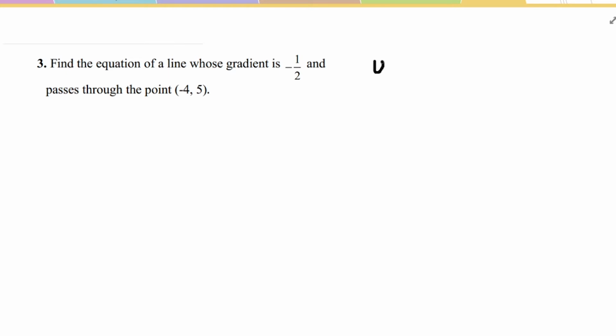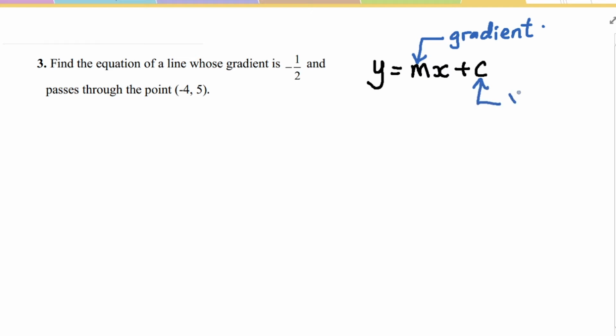The general form of the equation of a straight line is given by y is equal to mx plus c. That is the general structure of how a straight line equation looks. And we know that the value of m represents the gradient of that line, and the value of c represents the y-intercept of that line.